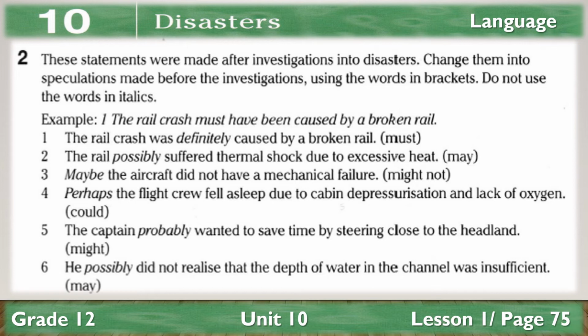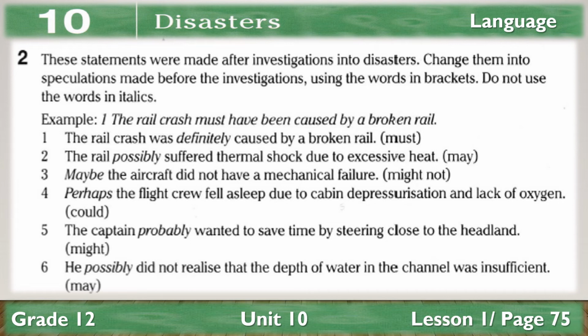Don't use the words in italics. Example, number 1, the rail crash was definitely caused by a broken rail. Here we have to use the modal verb must. So the answer: the rail crash must have been caused by a broken rail.